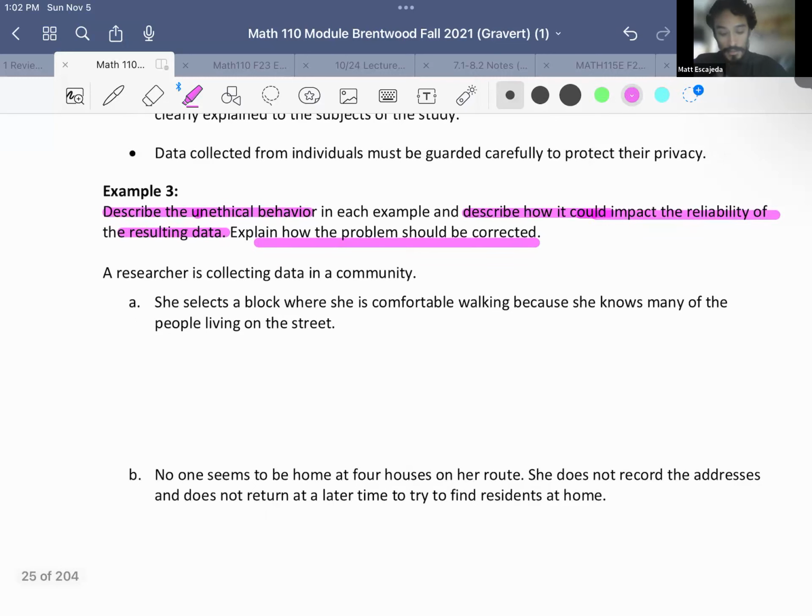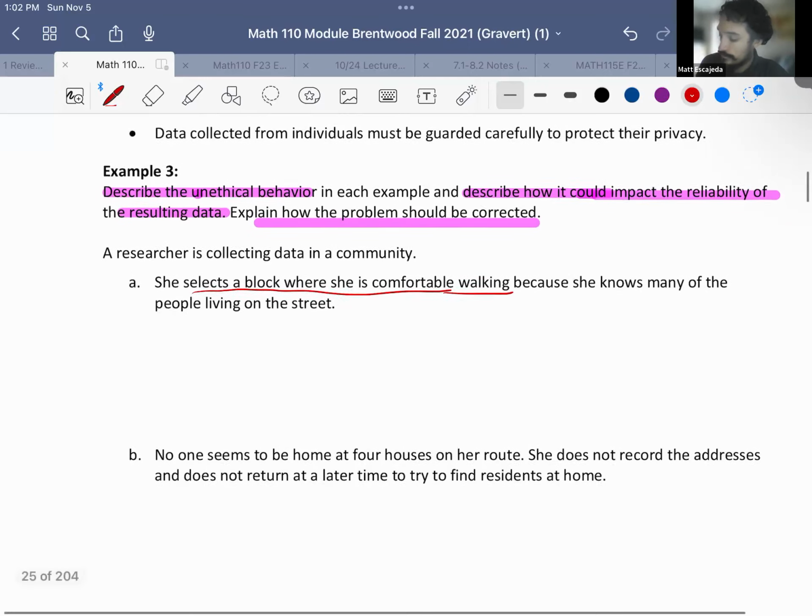It says a researcher is collecting data in a community. Part A: she selects a block where she is comfortable walking because she knows many of the people living on the street. Okay, so that's not very good.